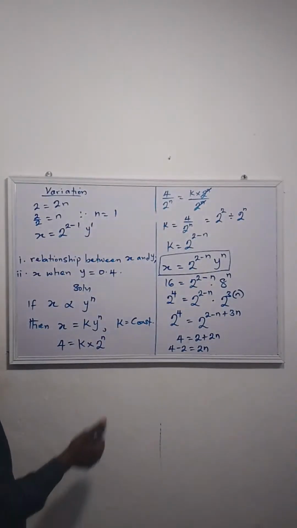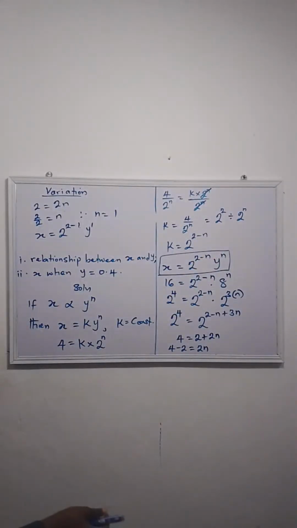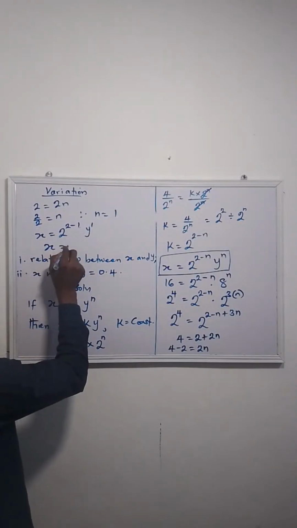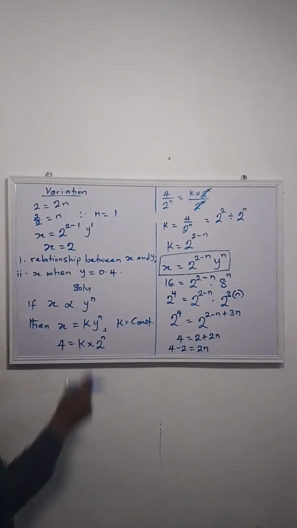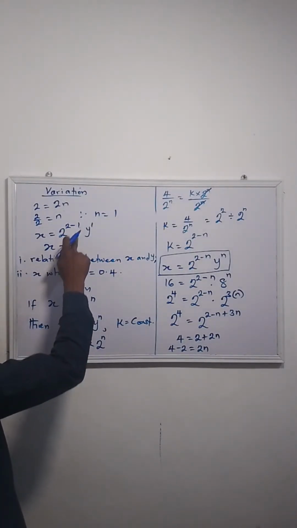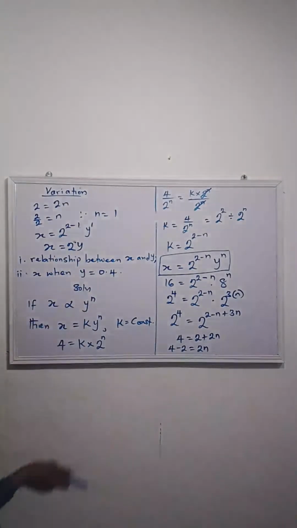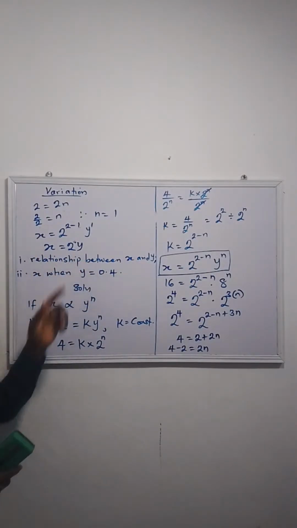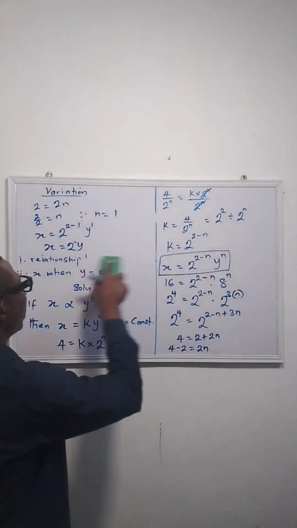You get that? Because n is 1. So just plug the value of n into this equation. So the relationship will now be x equals 2 raised to the power of 1, because 2 minus 1 is 1. So 2 raised to the power of 1 is the same thing as 2, so you have 2y. That means the relationship between x and y is this. So that is what is required.